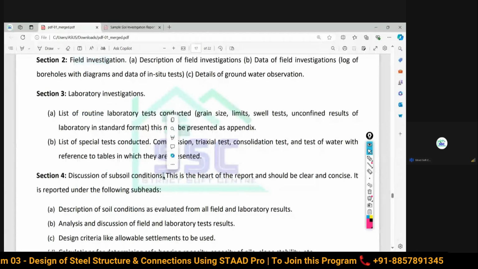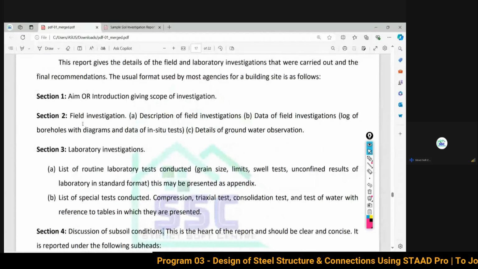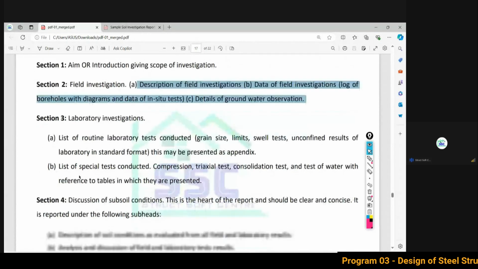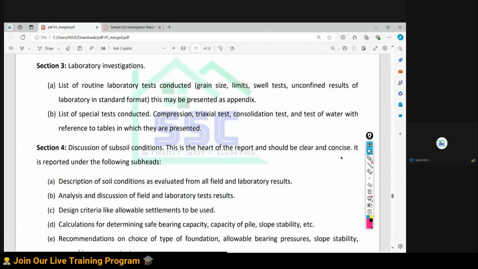Now, after doing the field investigation and the laboratory testing, they are going to discuss the results in the fourth section, the discussion of the subsoil condition after doing the tests. So this is the heart of the report, and it should be clear and concise.